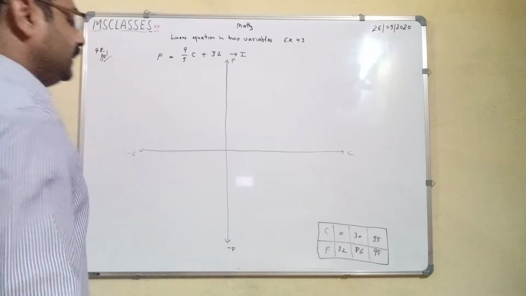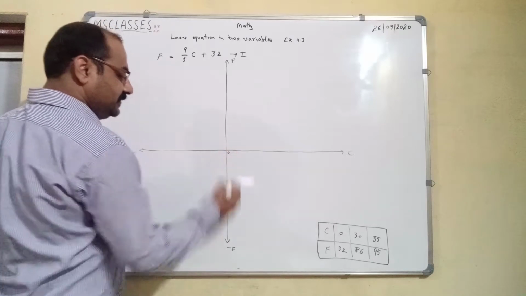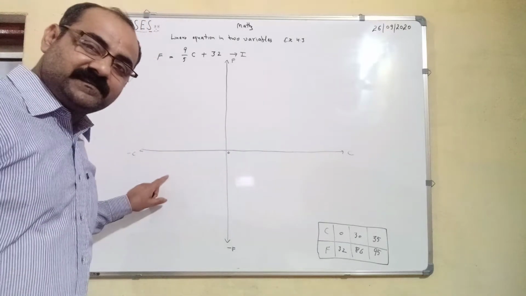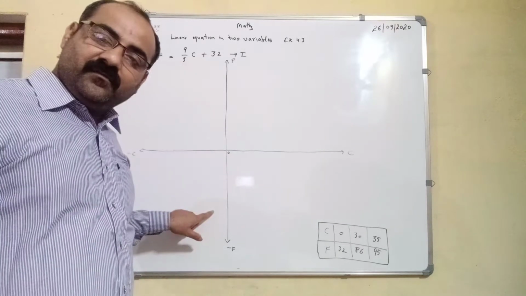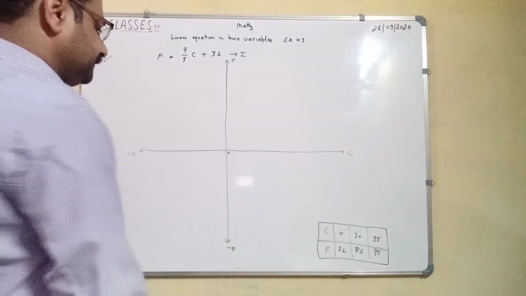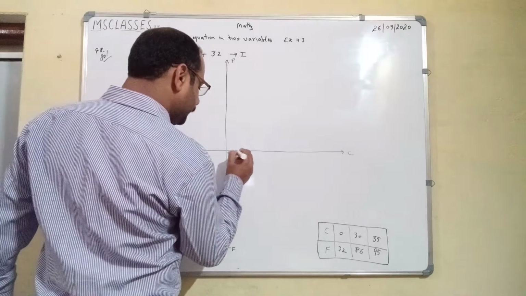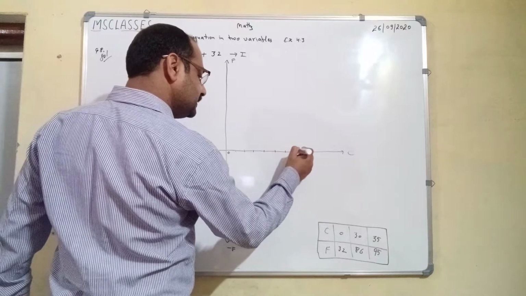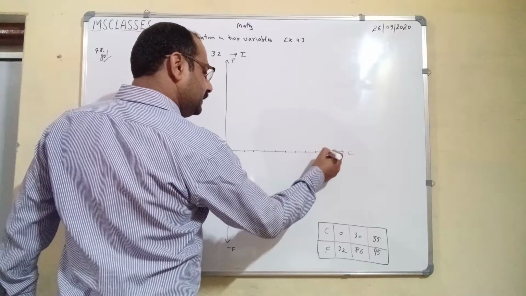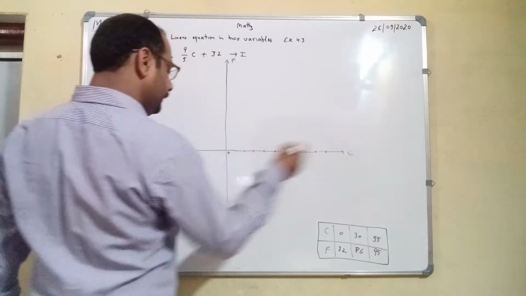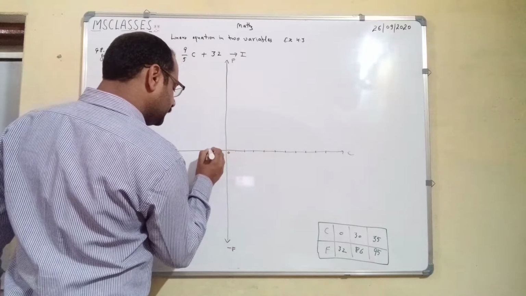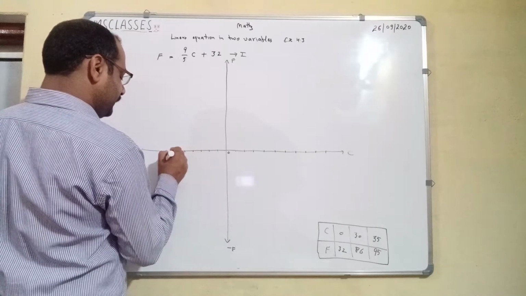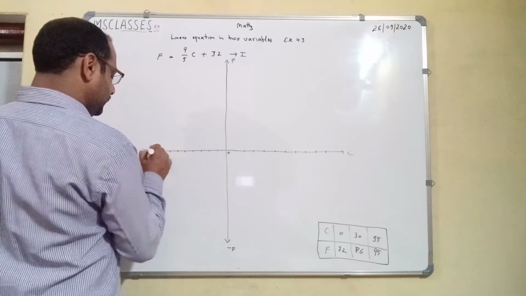This represents the origin, represented by 0. So the x axis is the Celsius scale and the y axis is the Fahrenheit scale. Now we plot the points: 1, 2, 3, 4, 5, 6, 7, 8, 9, 10. So this is all positive, and 1, 2, 3, 4, 5, 6, 7, 8, 9, 10.